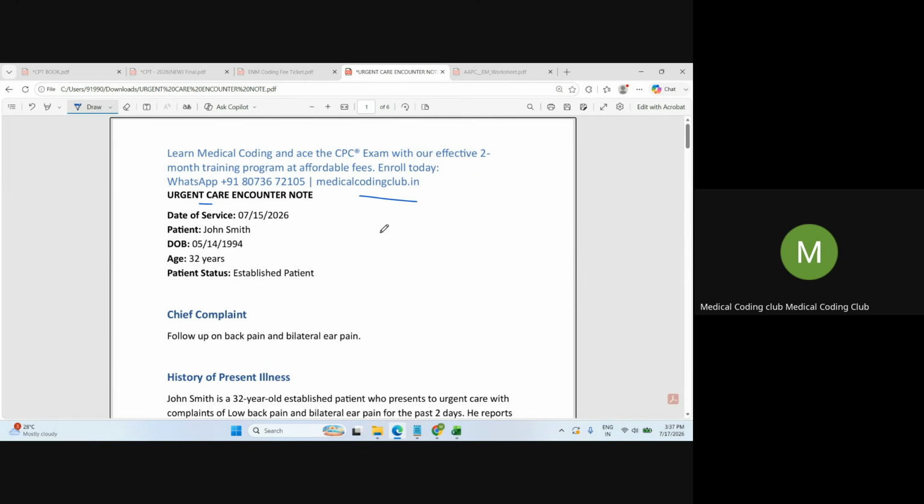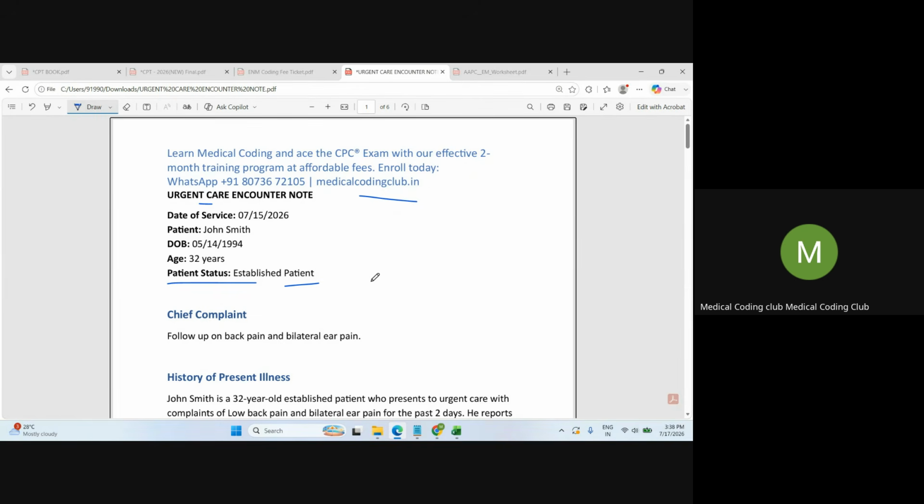And then whenever we are talking about evaluation and management, the first thing that you're going to see is whether this patient is a new patient or an established patient. That is your first thing. So here, as you can see, patient status is established.